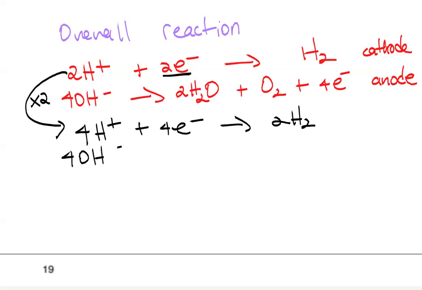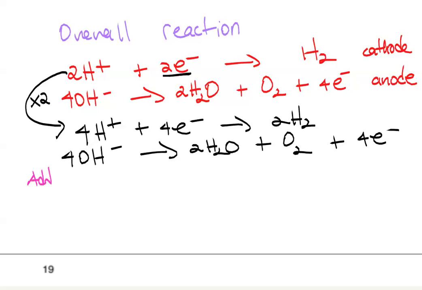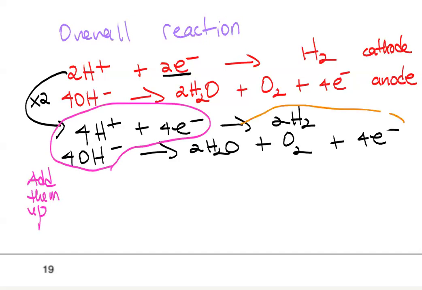I'm writing back my second equation, add 4e. Here's what I'm going to do now. I'm going to add them up. So I balanced the first equation. This is the second equation. I'm now going to add them up. I'm going to add up everything on the left hand side, and of course everything on the right. All agree?